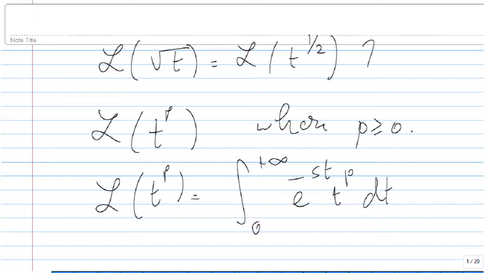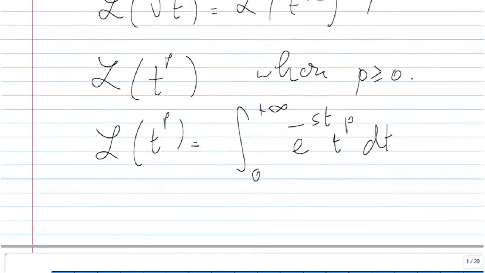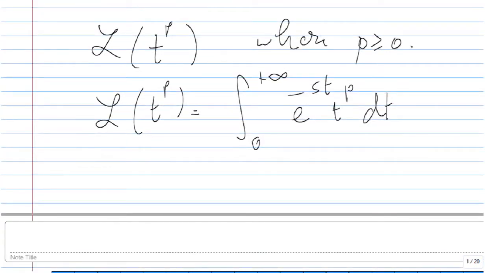And we can show, by the p test, that when minus p is less than 1, which means that p is greater than -1, then the improper integral is convergent. But here, let's just focus on p greater than 0 anyway. So first, we can show that this integral is convergent only when s is positive.